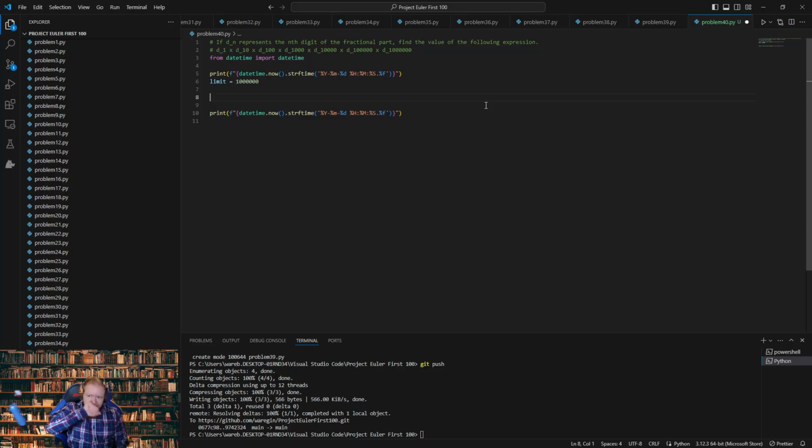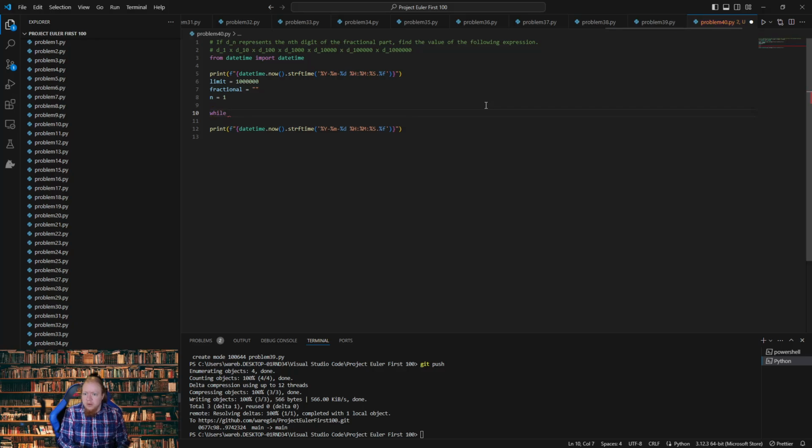And then what we're going to do is have fractional be a string, and then have n equal to 1, and we're going to say while length of fractional is less than the limit, fractional, do we have plus equals?